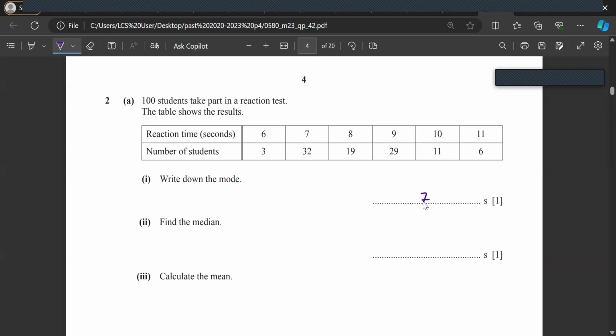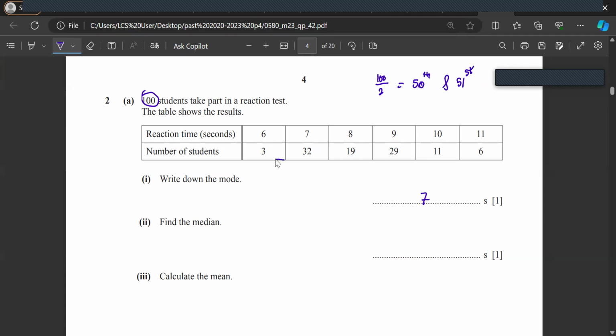Then calculate the median. How would I calculate the median? Look here. The number of them equals 100, so I will divide 100 by 2. It will give me 50. So it is between the 50th and the 51st.